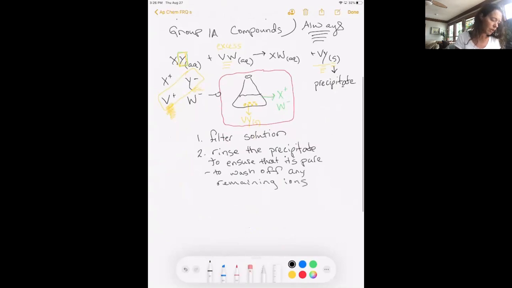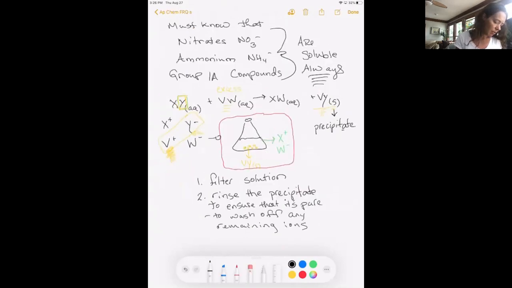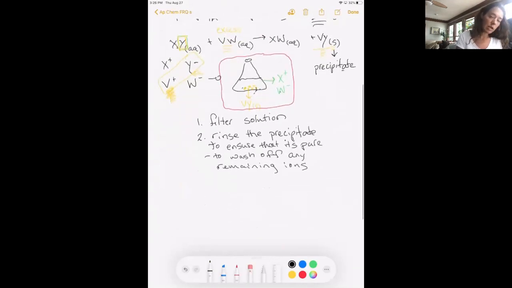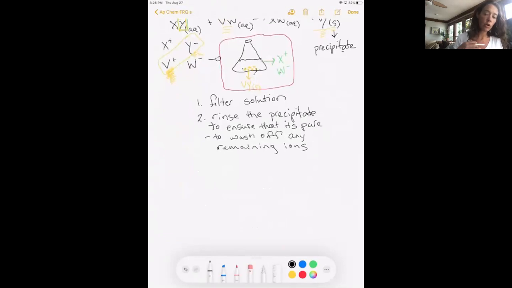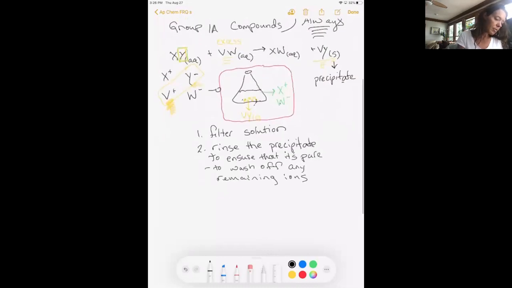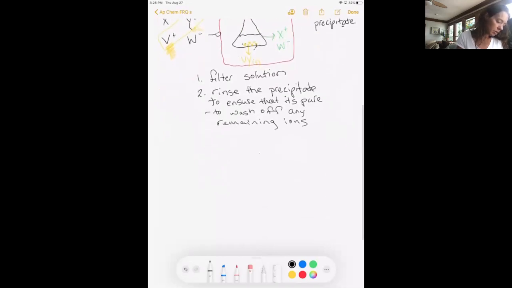So you could envision that some of the X and Y ions might be attached to our precipitate. So we need to rinse it to ensure that those are gone and that our precipitate is pure. By pure, it is purely VY solid and nothing else.